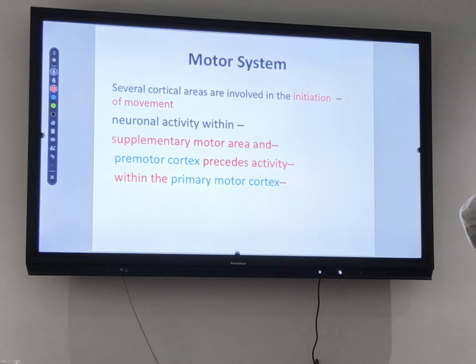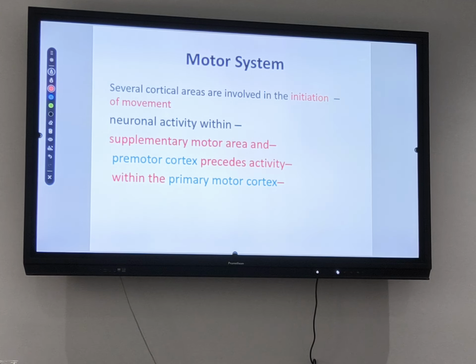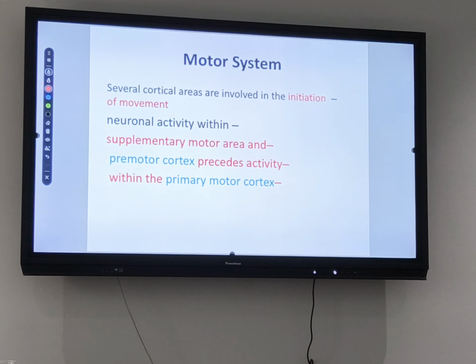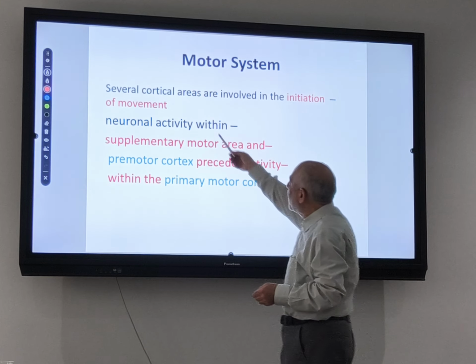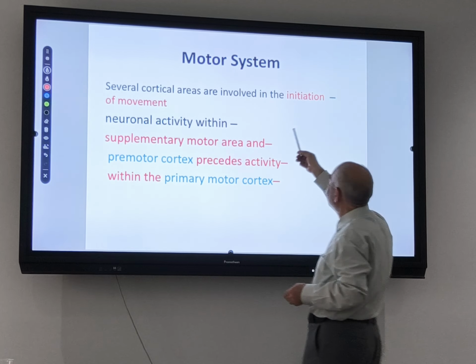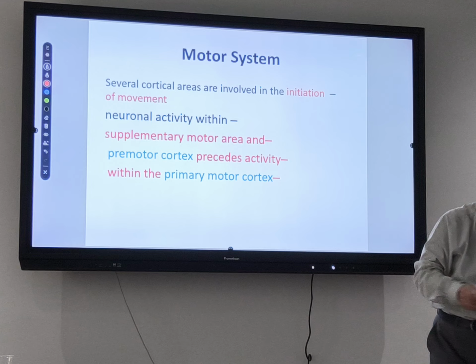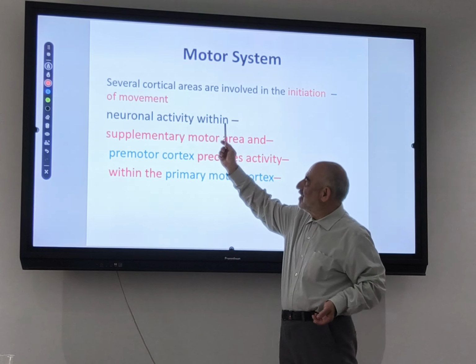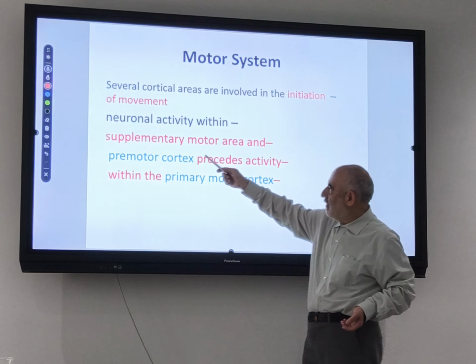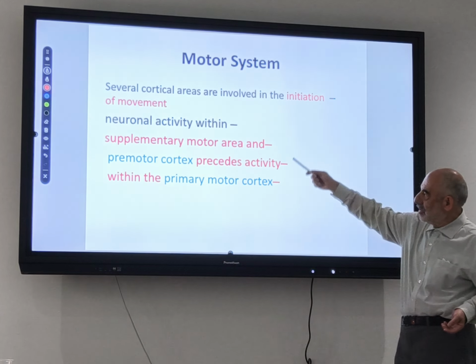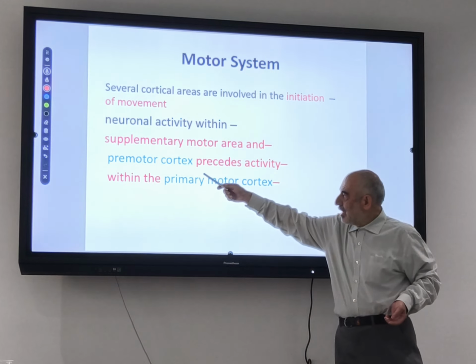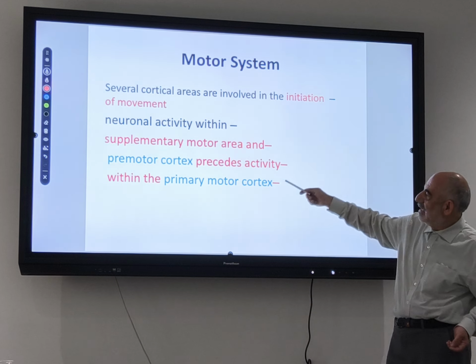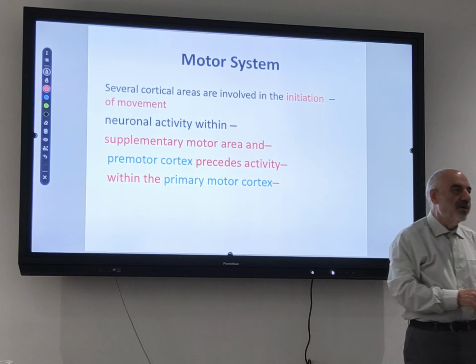Okay, for the motor system or pyramidal system, we have several cortical areas involved in the initiation of any movement, the starting of any movement. We need neuronal activity within the supplementary motor area, the premotor area, and also the primary motor area.